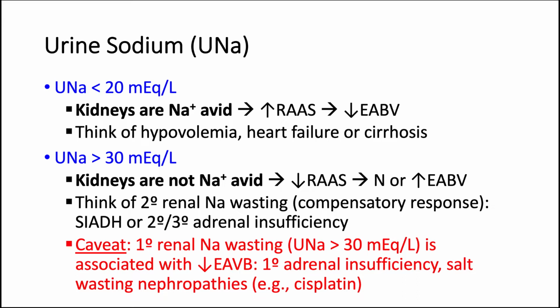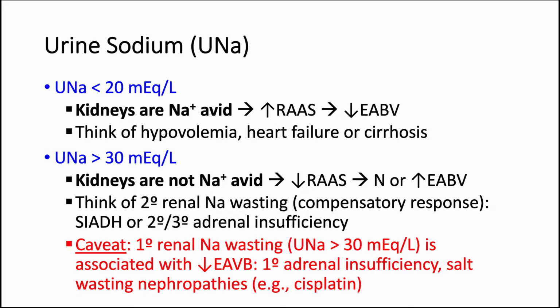And the two important conditions are, first of all, primary adrenal insufficiency, a problem with your adrenal gland. Why? Because in those circumstances, you not only don't have cortisol, you also don't have aldosterone. And you need aldosterone to retain sodium in your kidneys. Without aldosterone, you lose sodium, then you get volume depleted, and your effective blood volume goes down.